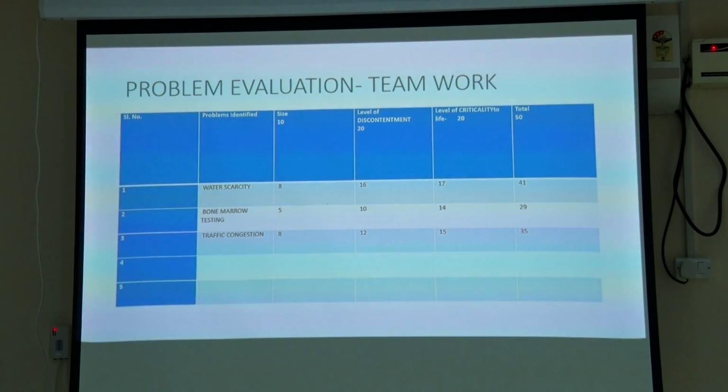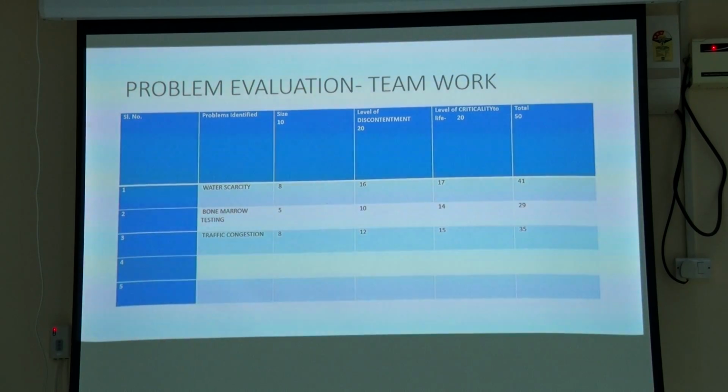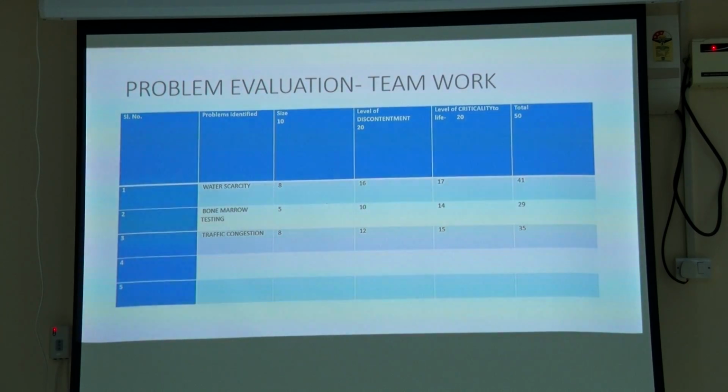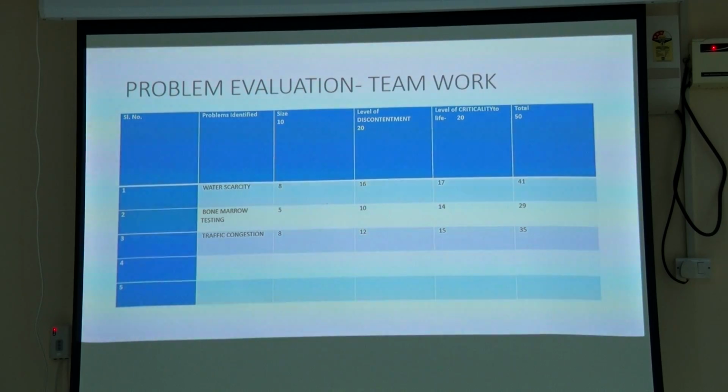So a high score of above 15 to 20 indicates the problem has a high discontentment level in the minds of the problem facers. If there are many solutions and there is not much discontent with the problem facers, then you can give a low score between 0 and 10. Between 10 and 15, we can give for an average discontentment level.